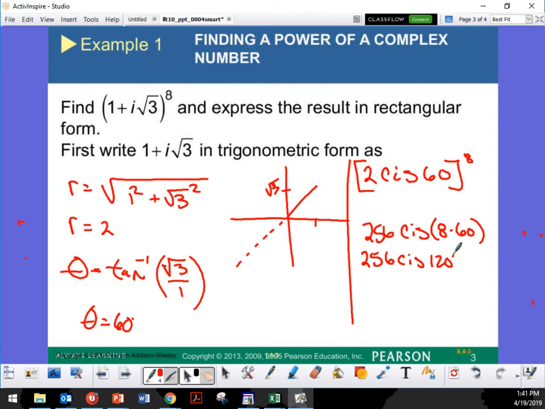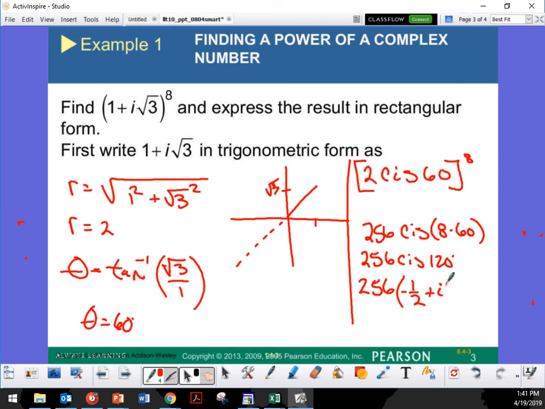Okay, now it's time to do the math to go along with that. So it's going to be 256. Now, what is cosine at 120? Negative 1/2, plus i. Now, what is sine at 120?